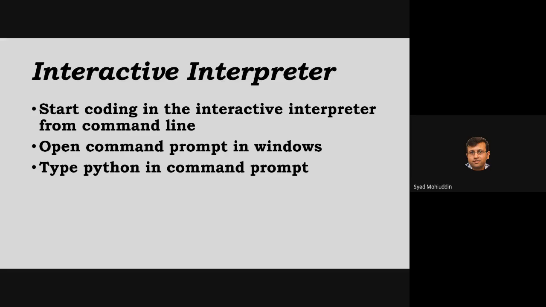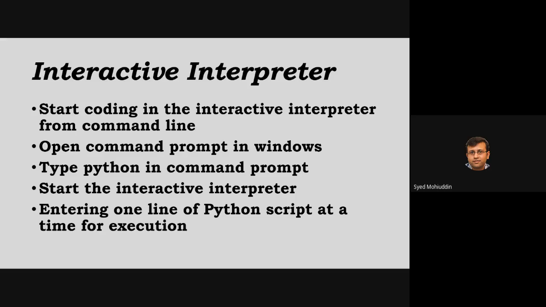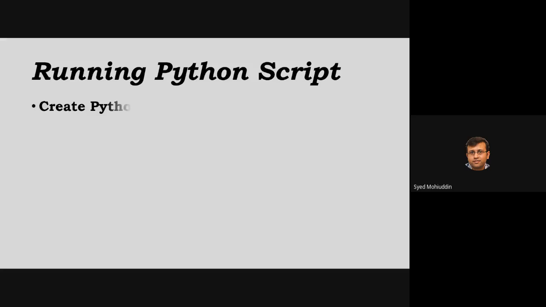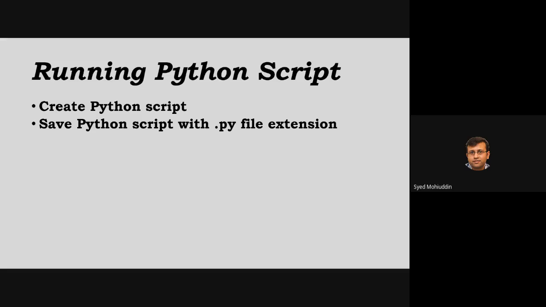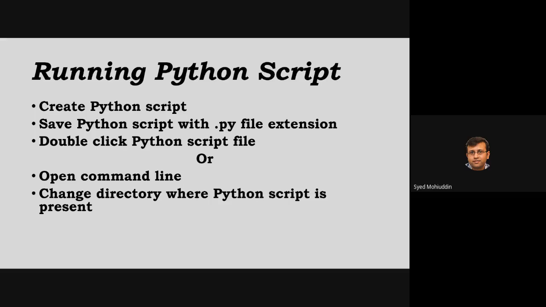With that, we can start the interpreter and execute the script line by line. Running the Python script means we need to create a script and save it in a file with the .py extension. By double-clicking that script file, we can run it, or we can open the command prompt, go to the directory where we have the Python script, and just type the name of the Python file with the .py extension. We will be able to run the script.